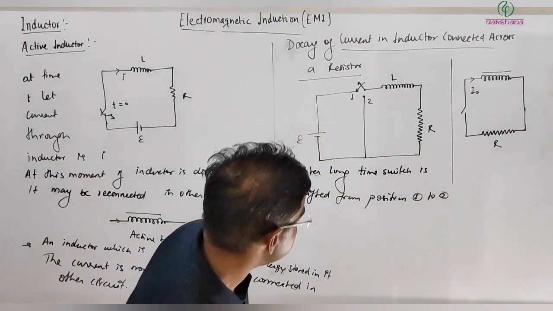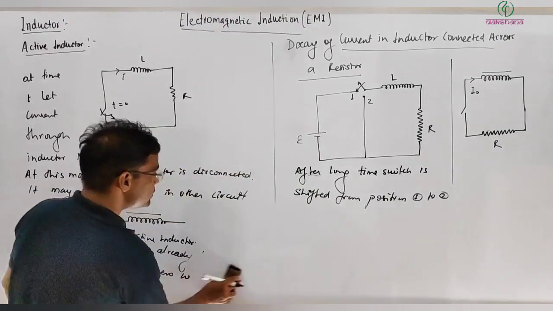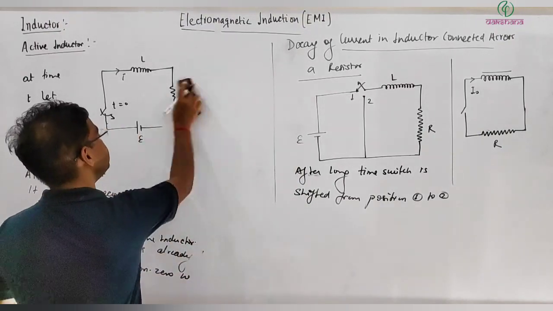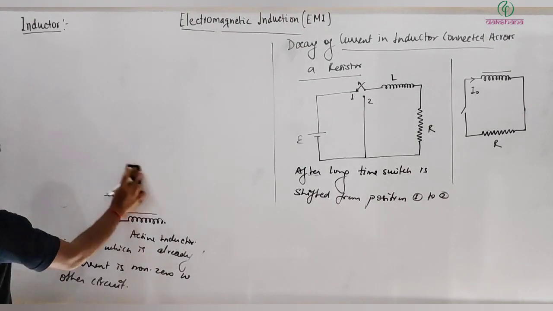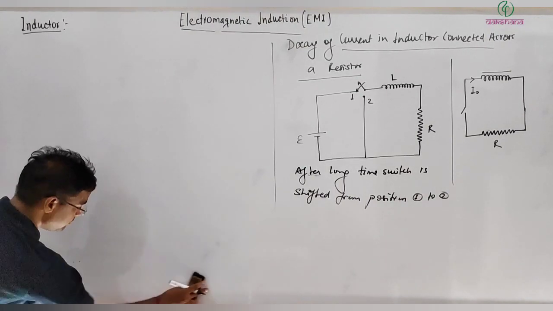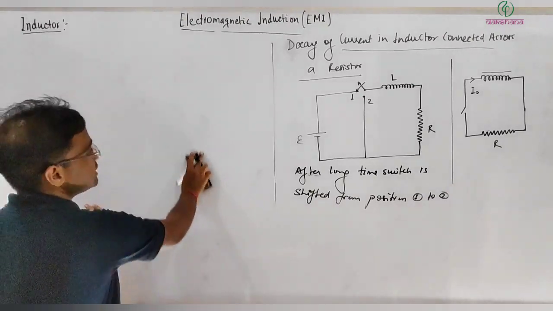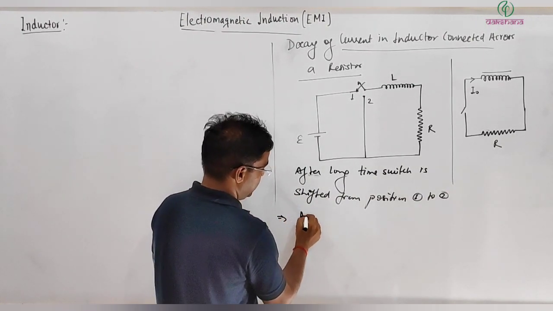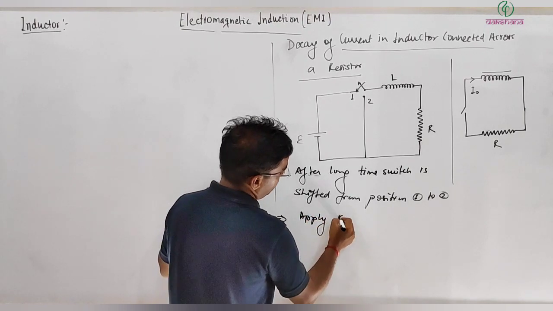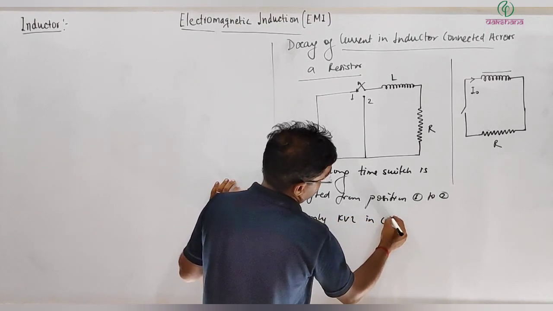Let's get the expression for that. So that is also easy, it's not complex. Again we will do what? We will apply KVL in the circuit, we will write the relation, we will integrate, and that's all. We will get the expression. So here also I can go exactly the same way, apply KVL in the circuit.